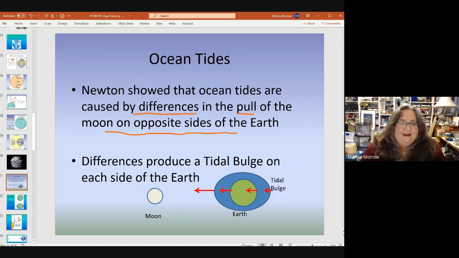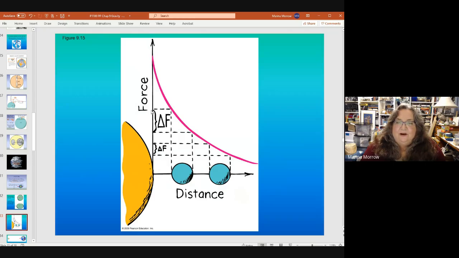The idea is that when you are close, so let's pretend this is like the Earth and the sun or something, one side is closer than the other side of our planet Earth or any moon, and they can experience what are called tidal forces because the force on one side is different than the force on the other side. So there's a difference of forces, delta F, in that case.